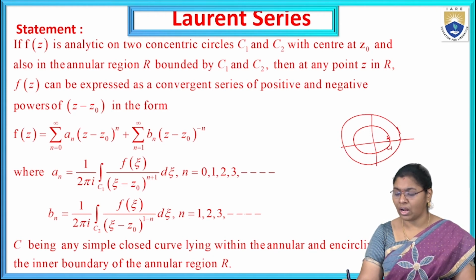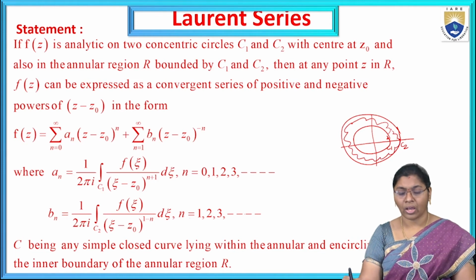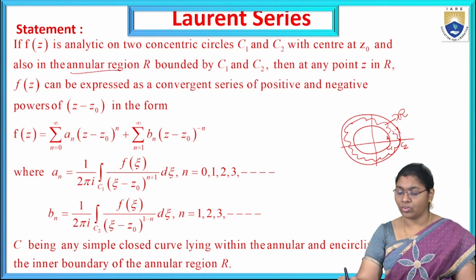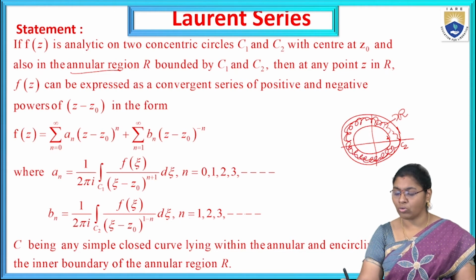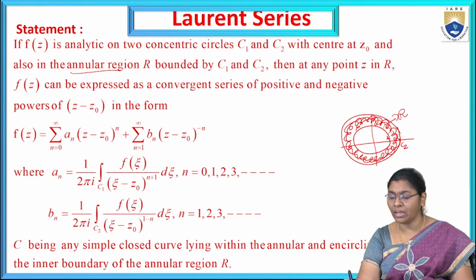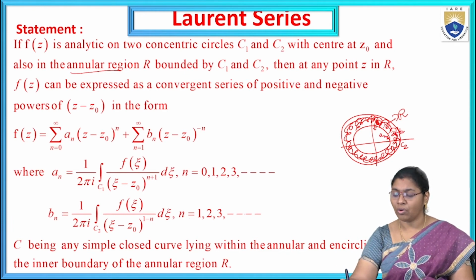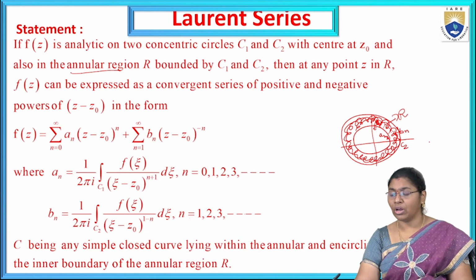This is our annular region R. We are always finding this one, not outside the region. We are considering only this, a particular point xi, otherwise z, that is our choice. This is the complete structure: an plus bn, we find the annular part.